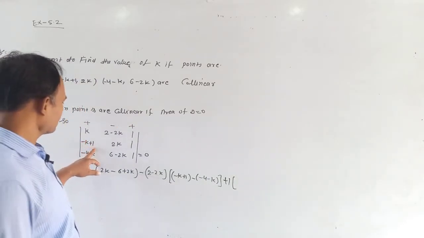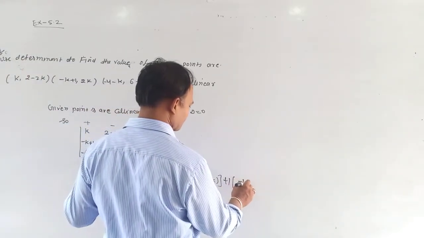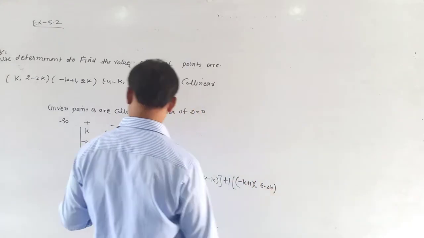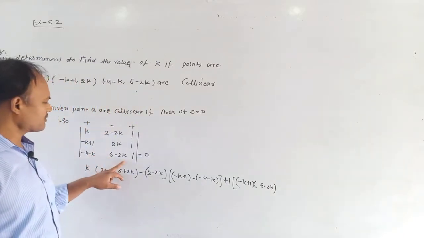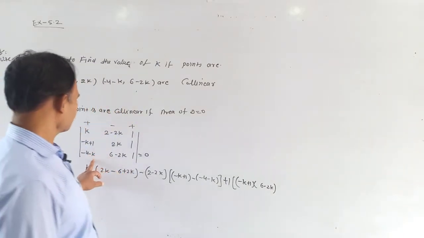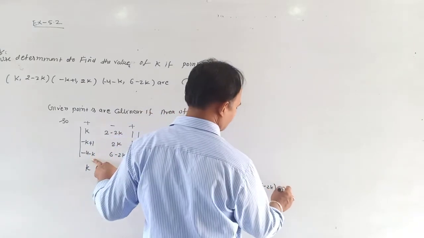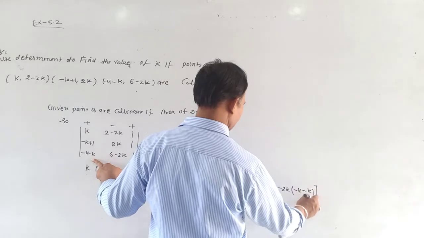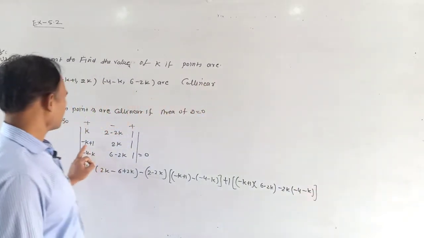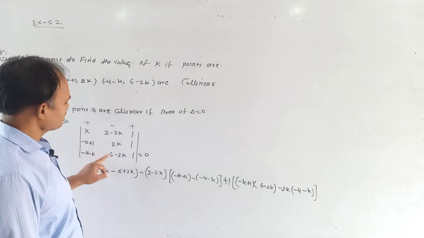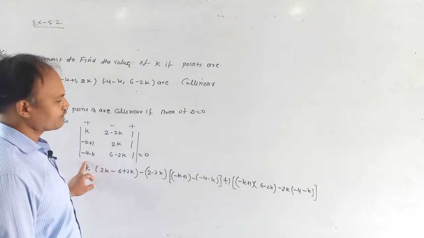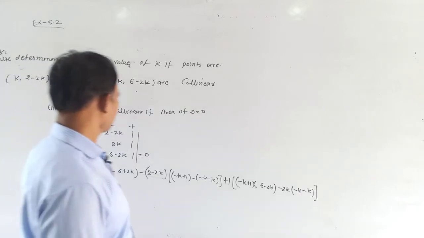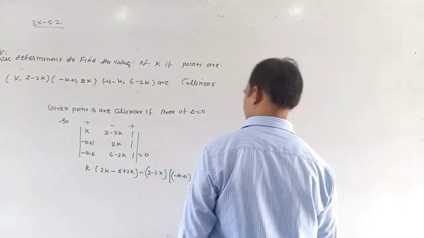It is minus k plus 1 multiplied by 6 minus 2k, and it is minus 2k multiplied by minus 4 minus k, equal to 0.